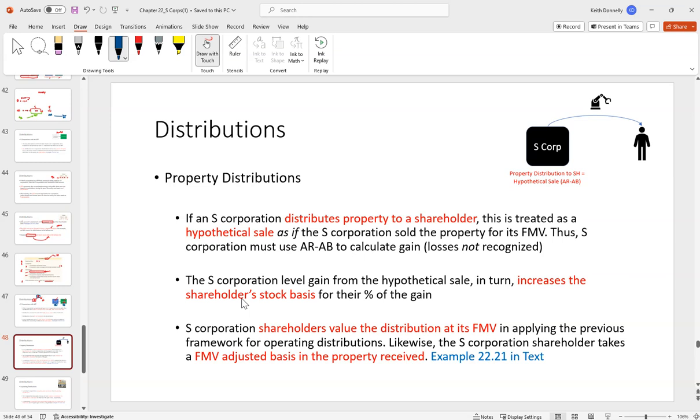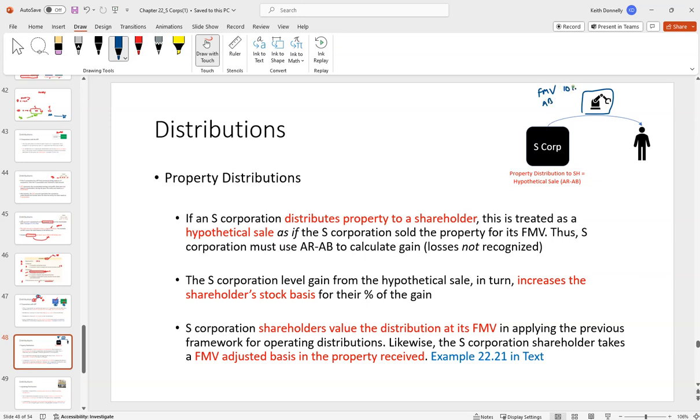All right, so we talked a little bit about cash distributions. Let's talk at a high level about property distributions that are operating distributions. This gets a little bit complicated, so just hang in here with me. What's going on here is we have an S Corp that distributes property to a shareholder. What we essentially have to do is treat this as a sale to the S Corp. So we're going to use the fair market value.